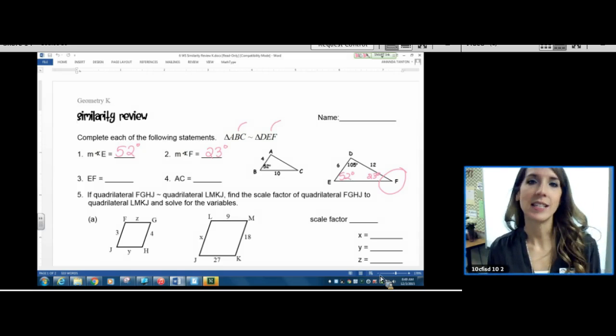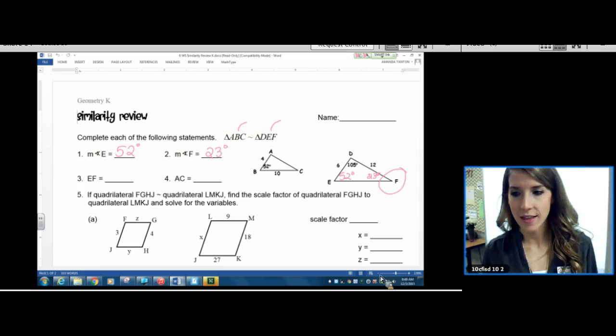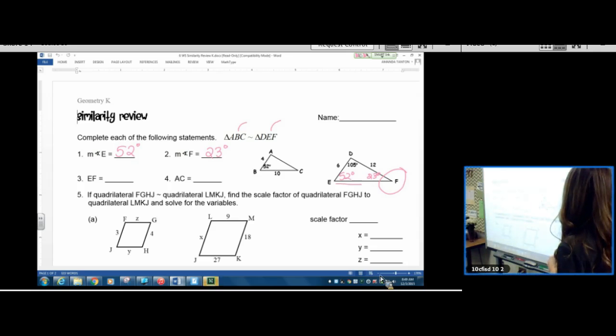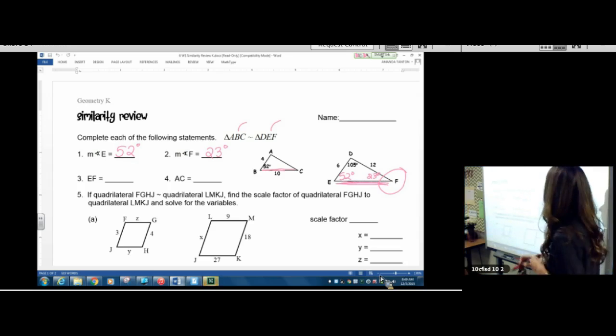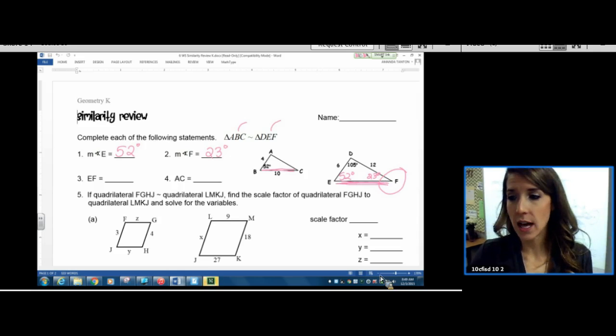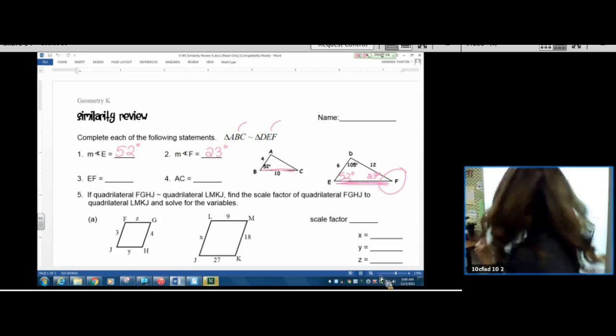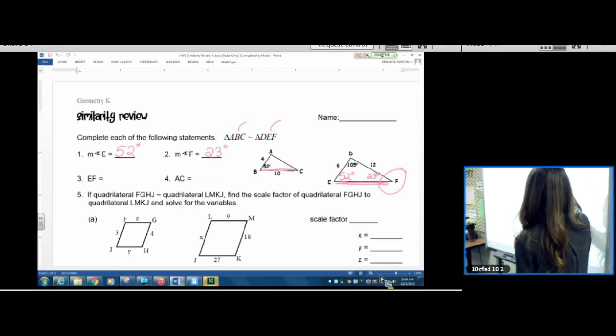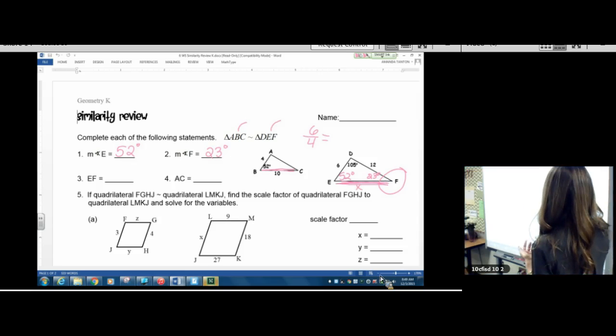EF, that means the distance from E to F, the length of segment EF. EF is right here. It is proportional to BC. Remember, when two triangles are similar, their angles are congruent and their sides are proportional. So I could set up a proportion appropriately, and I could say 6 is to 4 as, I could call this X, or I could call it EF, is to 10.